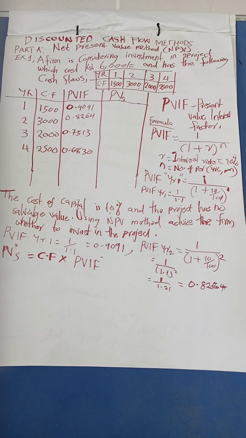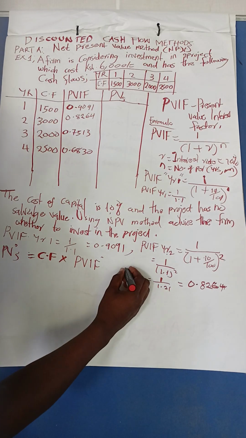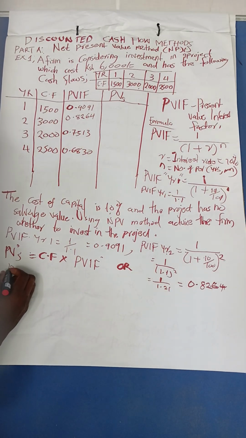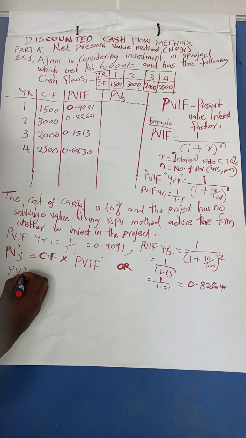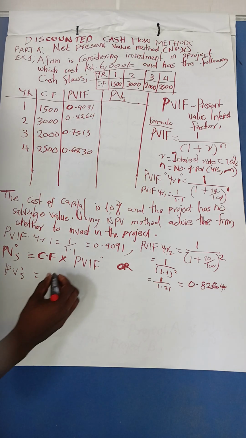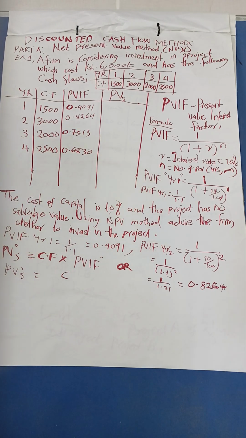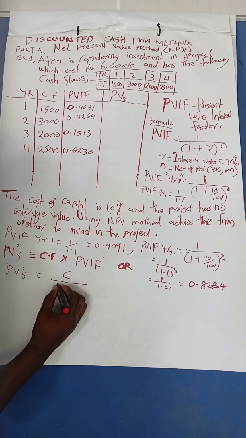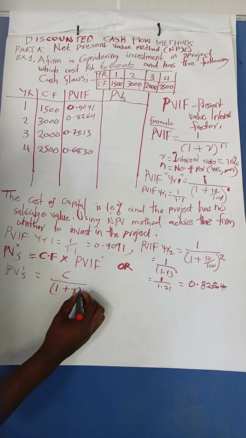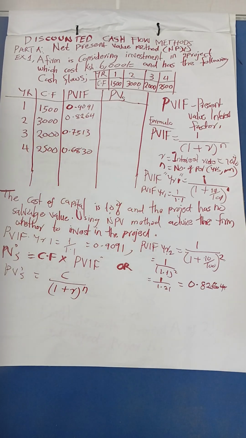Or the formula for getting PVS direct is equal to the cash flow for that year, divided by 1 plus the interest rate you have been given, to the power n. N is the year number. If you are in the second year, it will be 2.